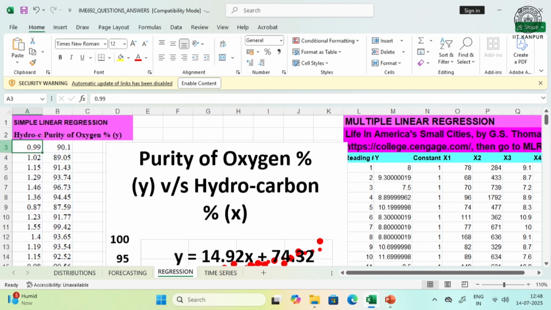If you consider the Excel sheet which you see, if it is visible, it has got 4 sheets: distribution, which I mentioned, forecasting, regression, and time series. I am trying to keep all the information in one Excel sheet, but when the Excel sheet is shared with you, after the forecasting one is shared, you will have only the information related to forecasting, and once the regression model starts, only the Excel sheet related to the regression part, and similarly for the time series.